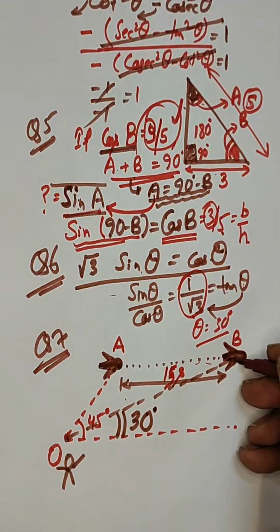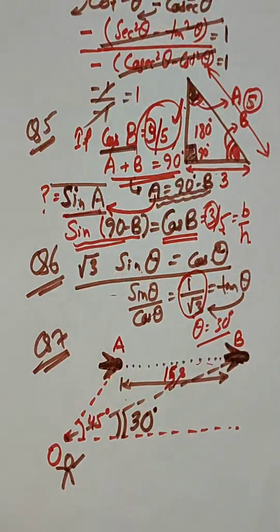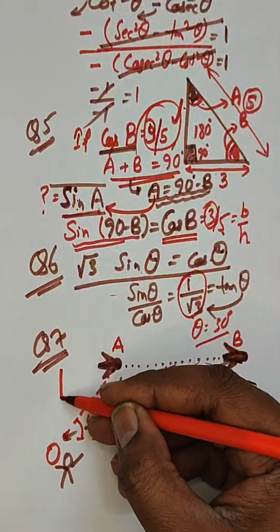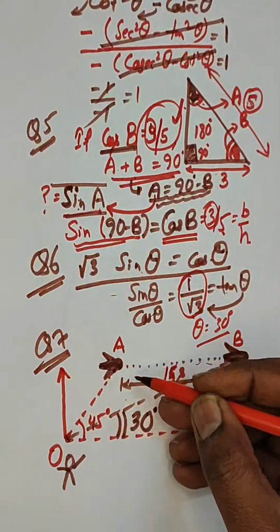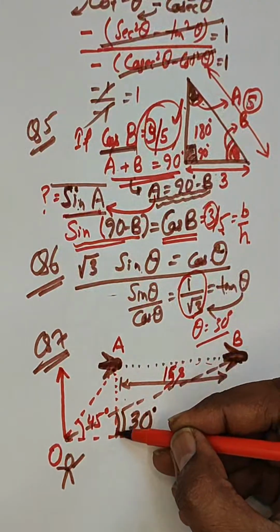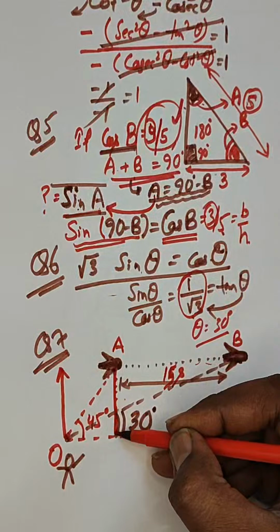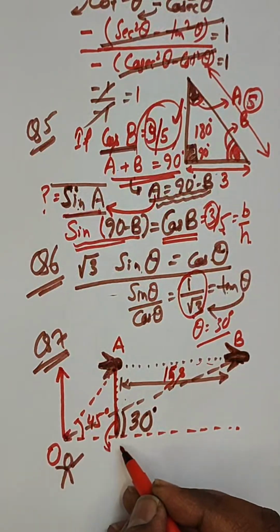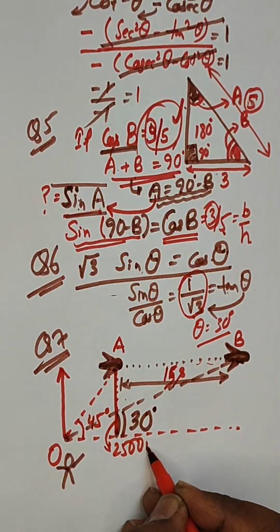And it's also given that the height of the flight, which will be the perpendicular distance, is 2500 meter, right?